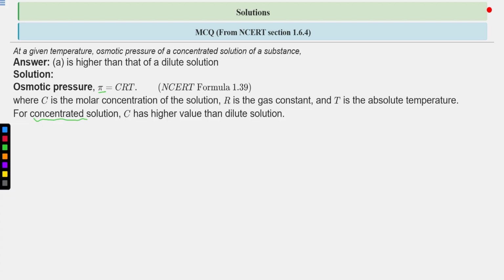That means C has a higher value than in the dilute solution, as the name says, concentrated, right? Dilute means the water quantity or the solvent quantity is more. The concentrated solution means the solute quantity is more than the solvent, or than the water.